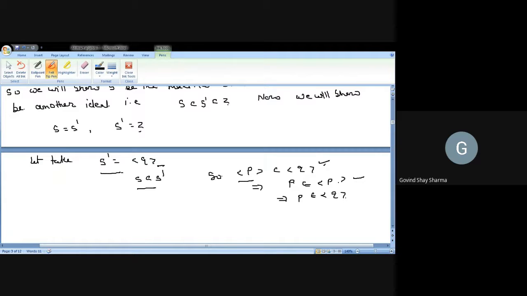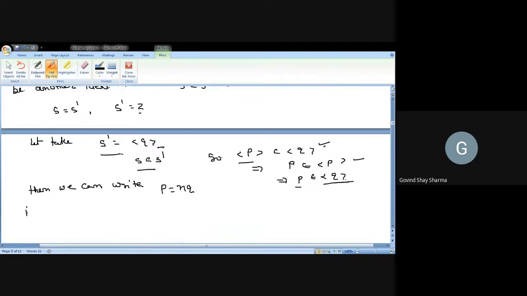P belongs to the generation by P set, and P belongs to Q. Then we can write P is equal to N Q. It means we find P is composite.